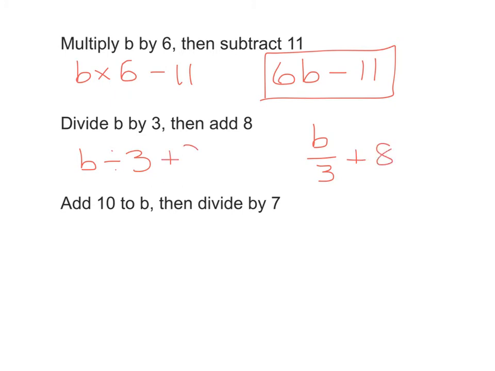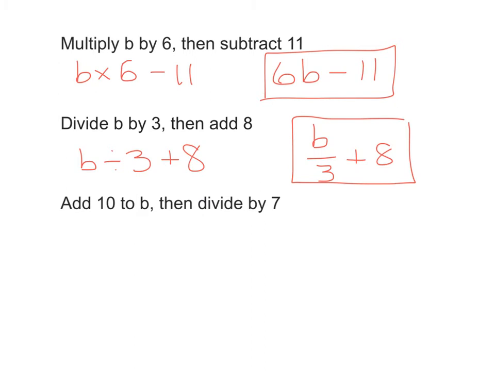So again, this would be the more algebraically correct way to write it, even though both of them would work. Now, parentheses aren't necessary in this one and this one, because if you recall the order of operations, multiply and divide both come before add and subtract.